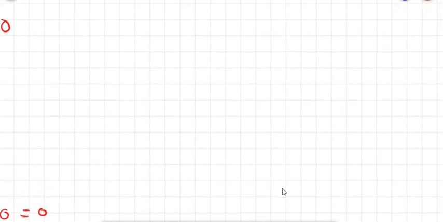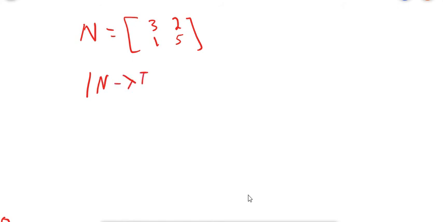Let me give an example. We want to find the eigenvalue of N, if N is equal to [3, 2; 1, 5]. Okay, so we know that the determinant of N minus lambda I is equal to 0.